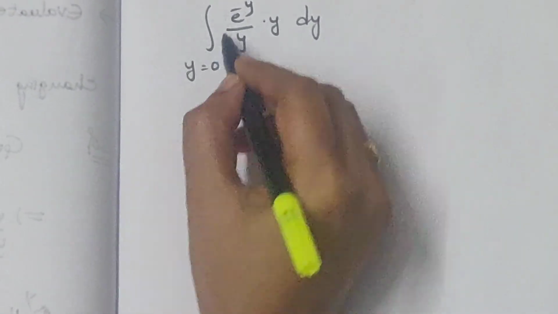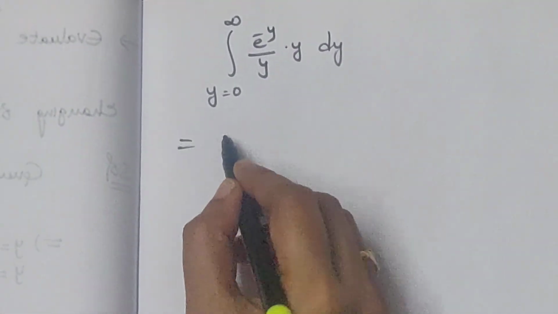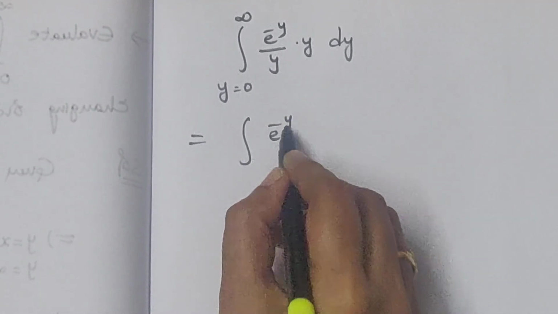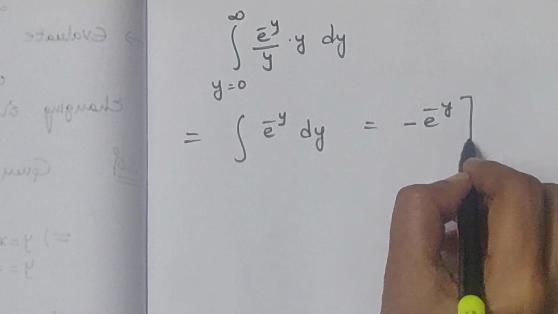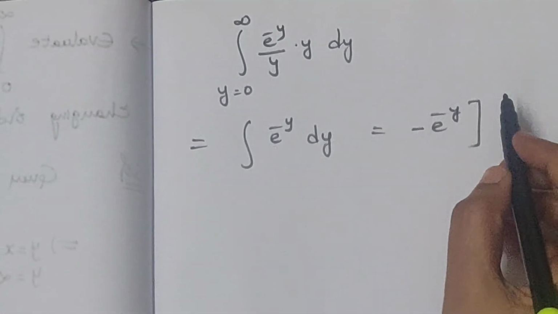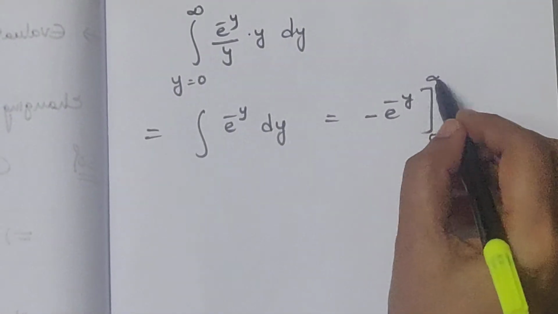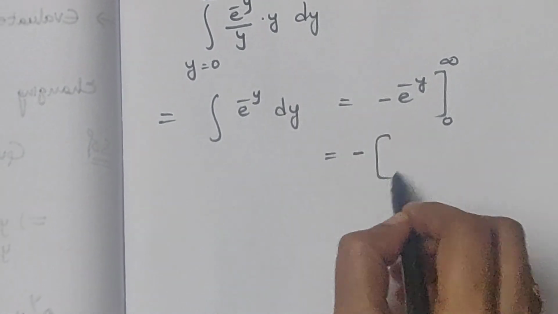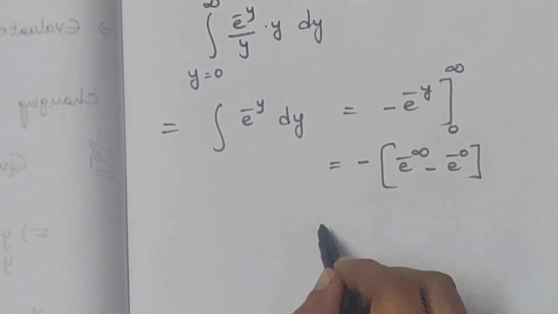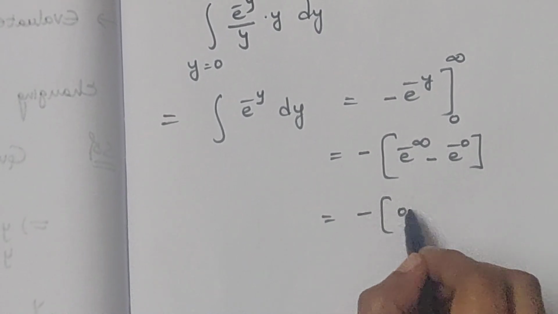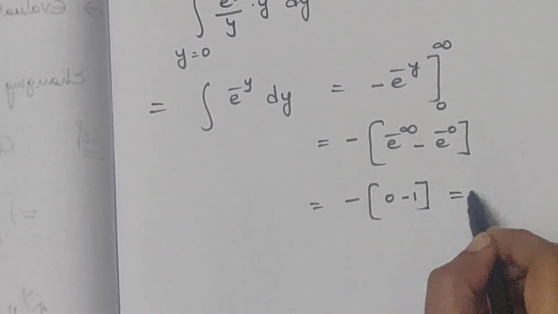Y limits are from 0 to infinity. So the integral of e power minus y dy is minus e power minus y, with limits 0 to infinity: e power minus infinity minus e power minus 0, that is 0 minus 1, with the sign giving 1.